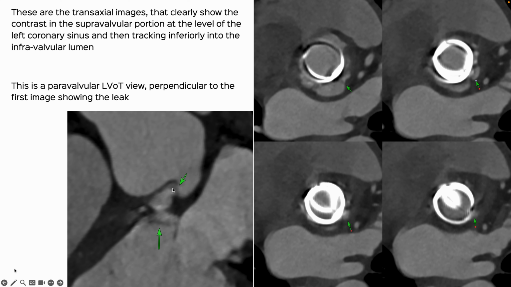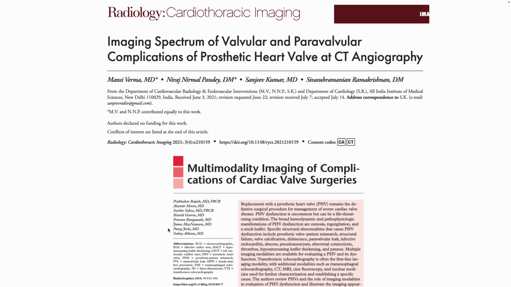It's tortuous, and you might need a curved MPR to look at this, but this is good enough where you can make out that there is a contrast going from one lumen to another. Plus, you have the echo. So you're looking at two modalities that reaffirm the fact that there is a paravalvular leak.